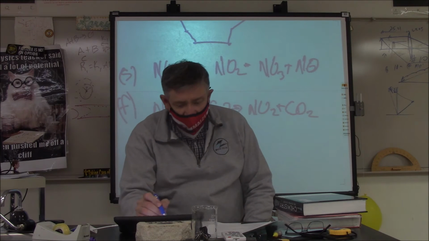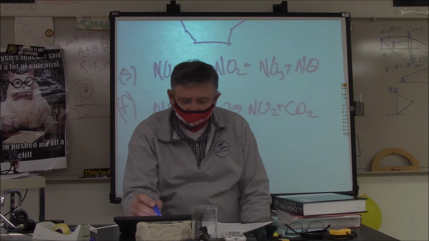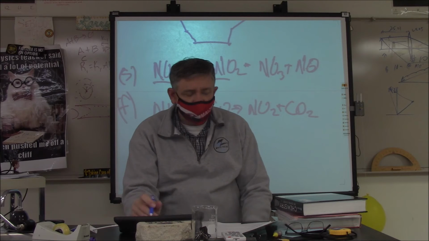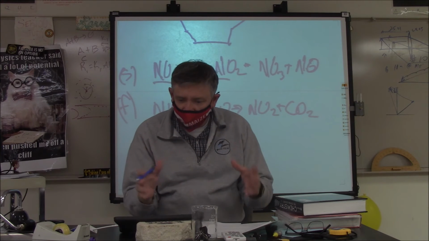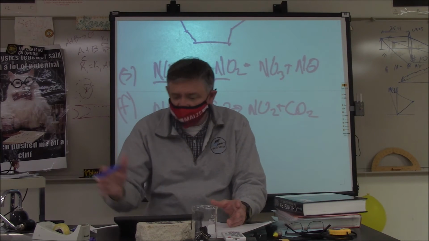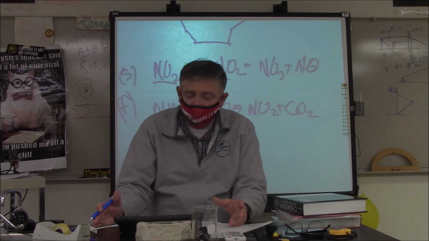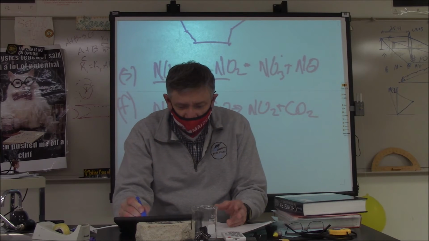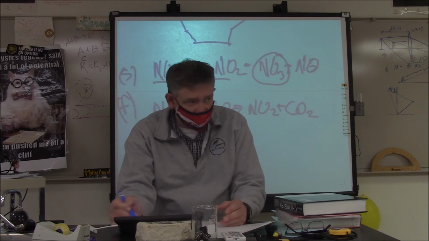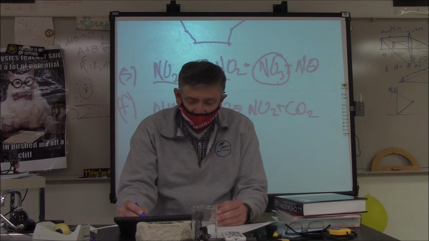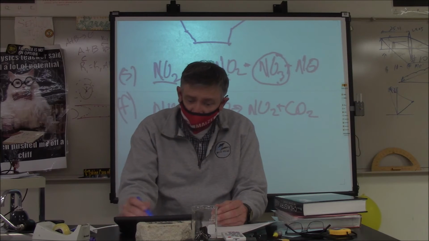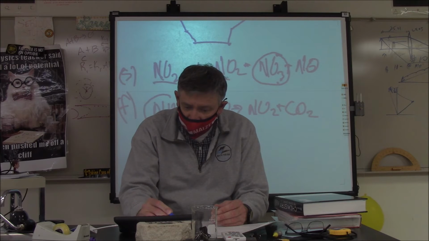So what's happening here is that this is my slow step. Nitrogen dioxide can combine to produce nitrogen trioxide and nitrogen monoxide. So out of this step, I'm going to make some NO3. But then that NO3 is going to get consumed down here.